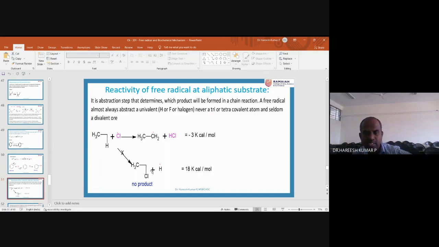So it's an endothermic reaction, and this much energy is required to form ethyl chloride. Whereas the formation of ethyl radical does not require much energy, it is an exothermic reaction. So that means ethyl radical, the aliphatic radical, is easily formed compared to the alkyl halide. So that's what you need to take from this slide.